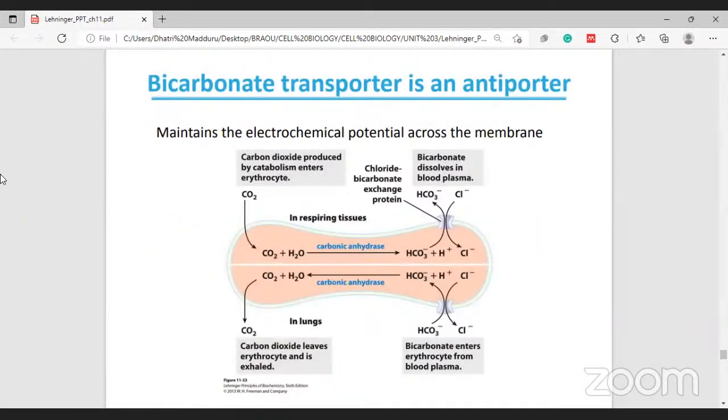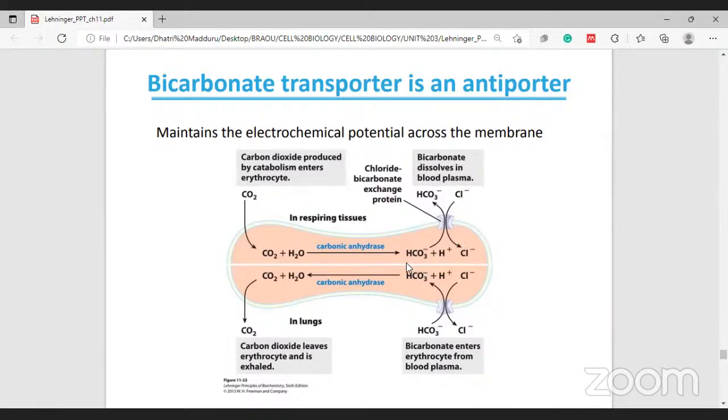Then the bicarbonate transporter is an antiporter. Carbon dioxide, which is produced by catabolism, enters the erythrocyte, the blood cells. This carbon dioxide, along with water, in the presence of carbonic anhydrase, will form bicarbonate and H plus ion, and chloride will be diffused.